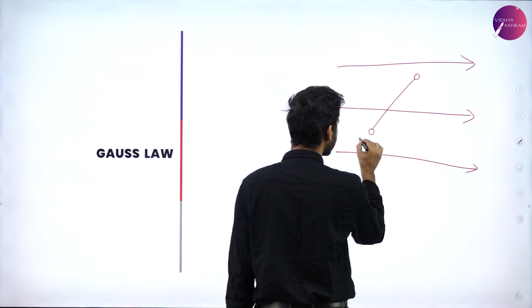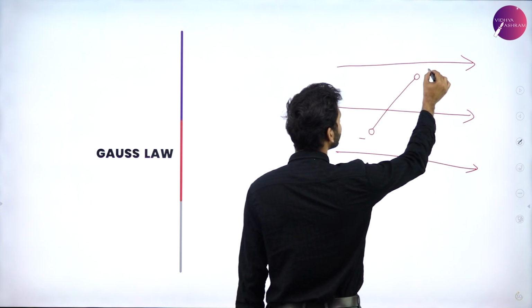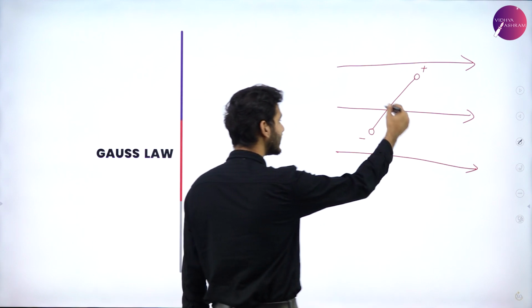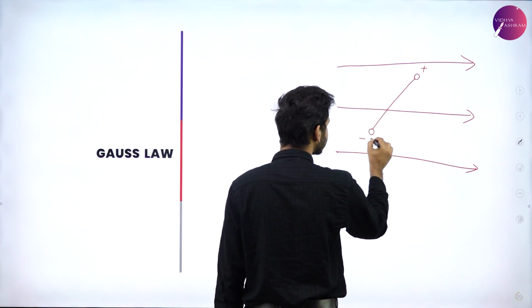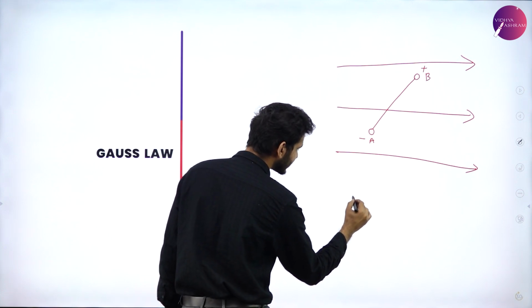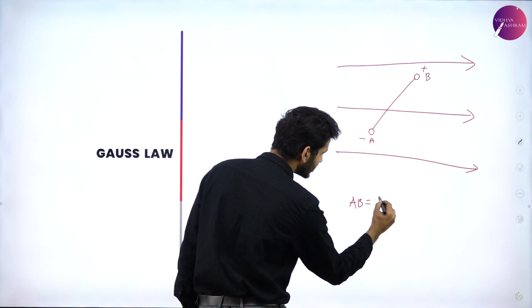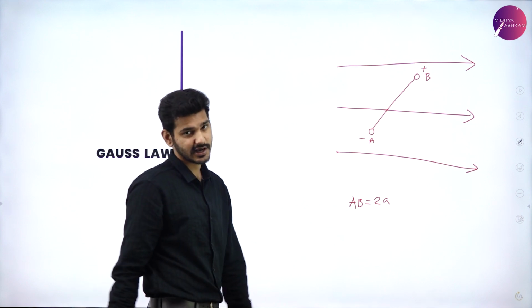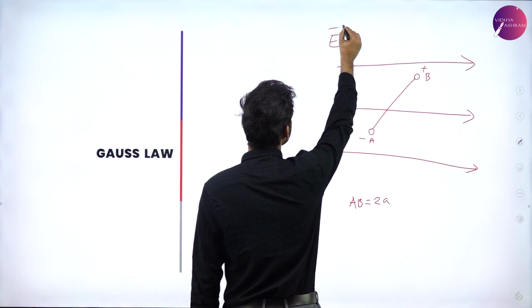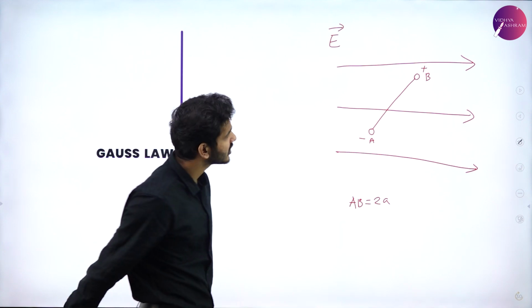One will be negatively charged and one will be positively charged. Let's say this is A and this is B. The distance AB is 2a, which is the length of the dipole. And this is the electric field applied, which is in this direction.